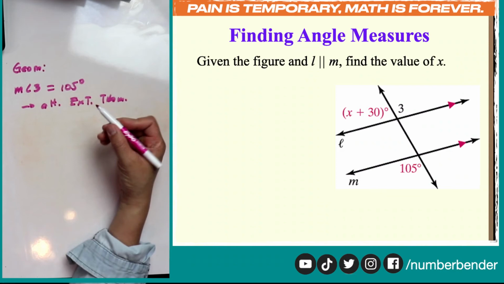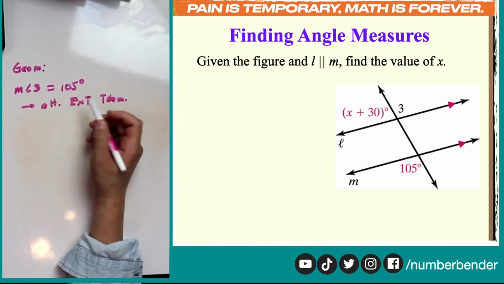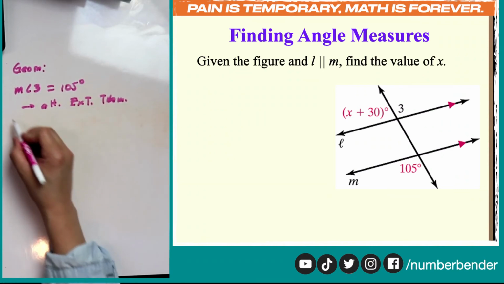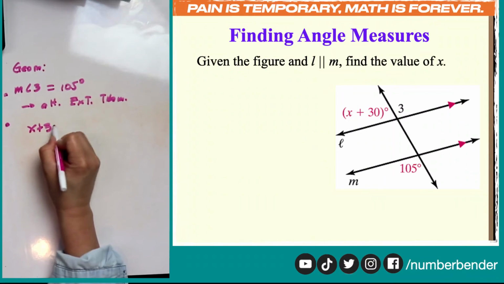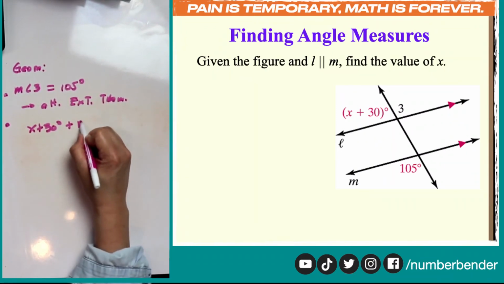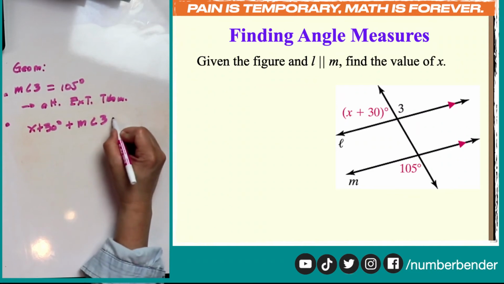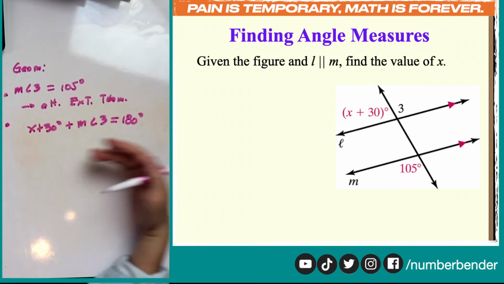So since the measurement of angle 3 is equal to 105 degrees, we can now use another theorem to equate x plus 30 degrees plus the measurement of angle 3 to be equal to 180 degrees, because we know that they are linear pairs.